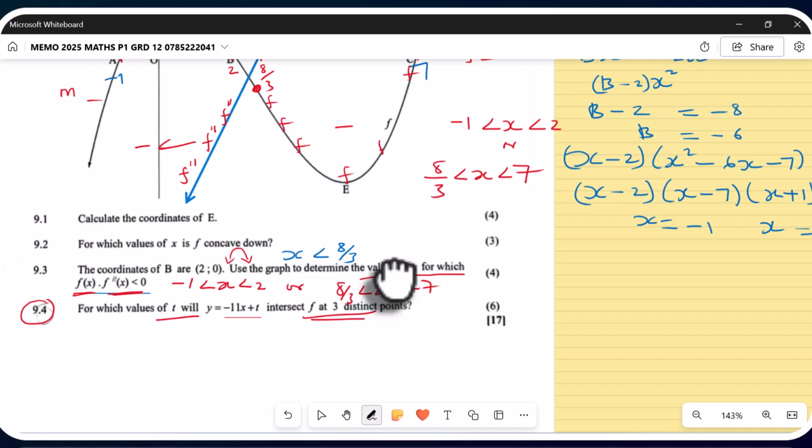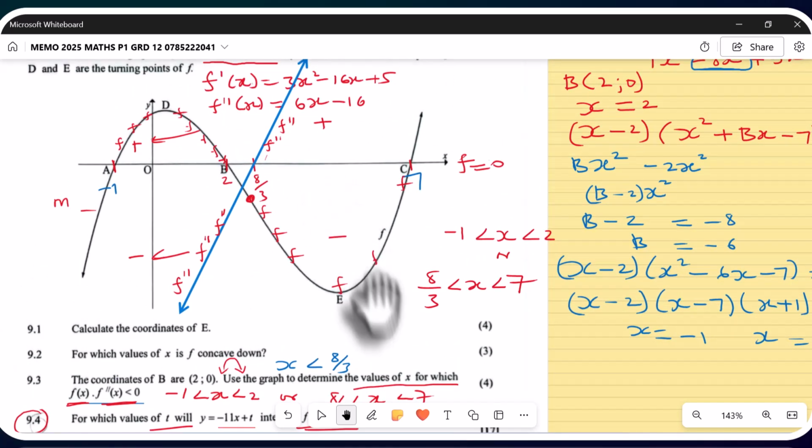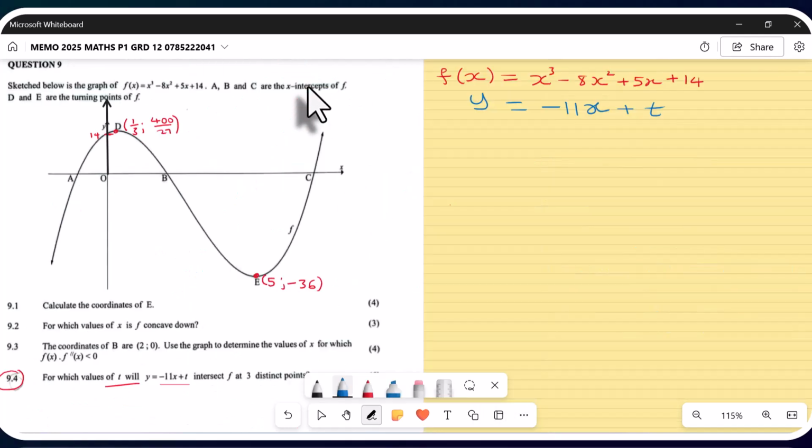Now the question says: for which values of t will y equals -11x plus t intersect the function at 3 distinct points? This is what we mean. We have this point D, a turning point, and a point E, a turning point. Now this line, y equals -11x plus t, has got a negative gradient. In other words, it looks like this.